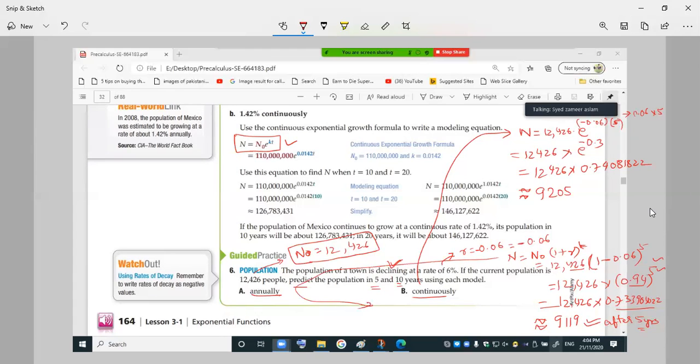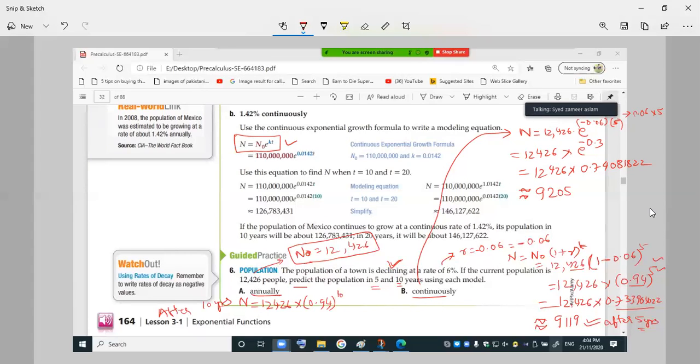So for annually over 10 years, n will be the prediction after 10 years of the population in Mexico: 12,426 into 0.94 raised to power 10.